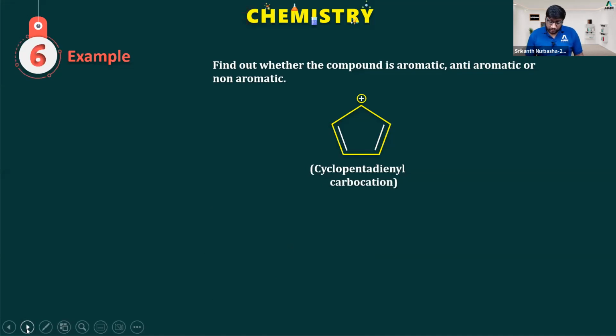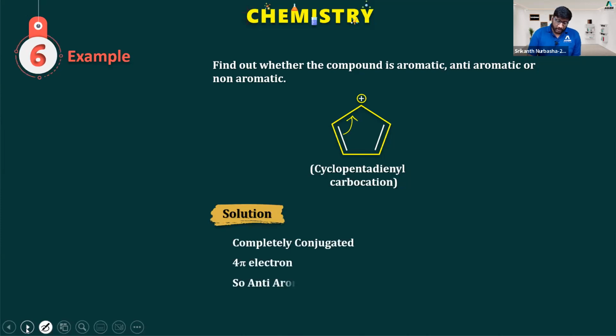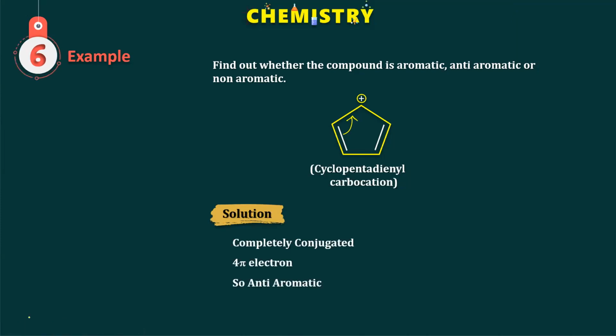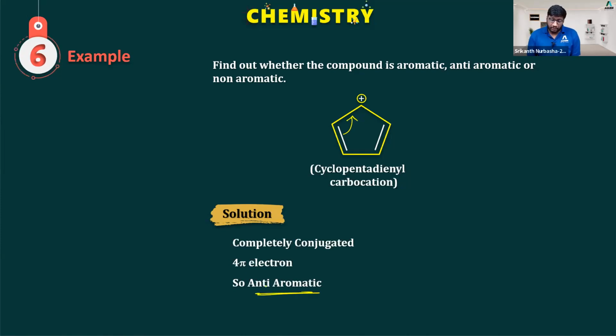What about this compound? Cyclopentadienyl carbocation. Pi electron density moving. So 4 pi electrons are there. Complete conjugation, 4 pi electrons, cyclic, anti-aromatic in nature. So the anion, whenever it is there with the 5-membered ring, is the cyclopentadienyl carbanion because it has 6 pi electrons. Cyclopentadienyl carbocation has only 4 pi electrons, so anti-aromatic.